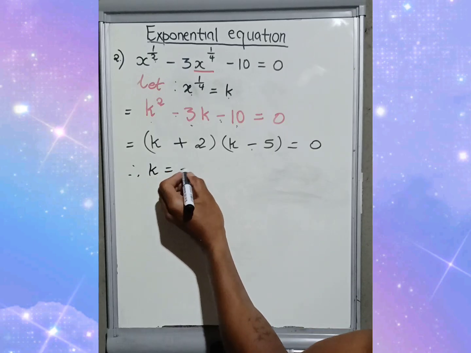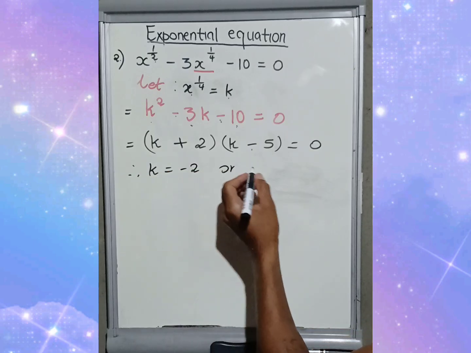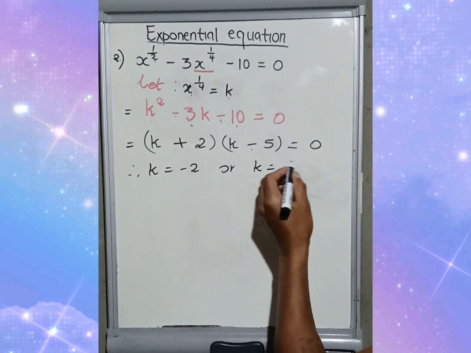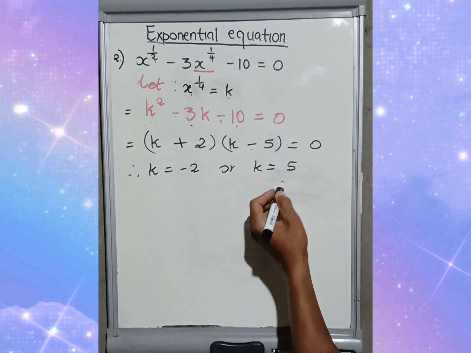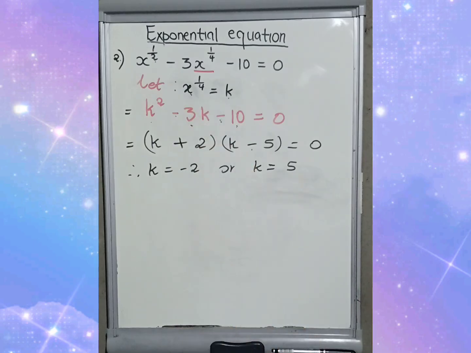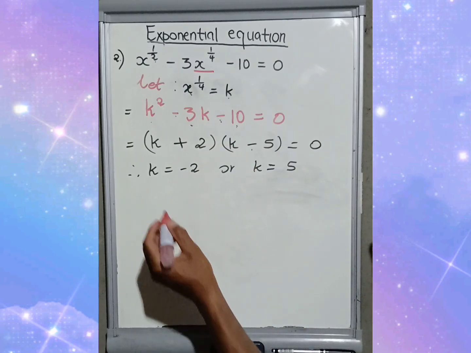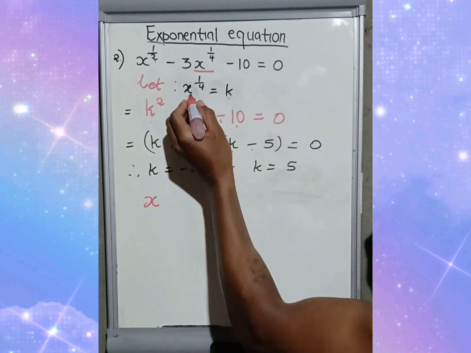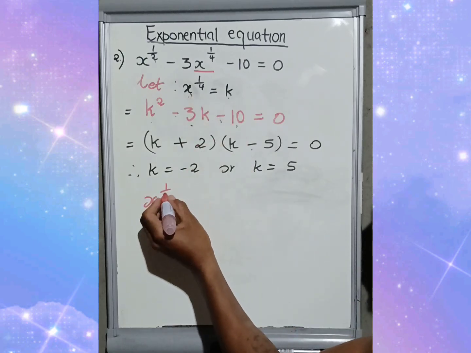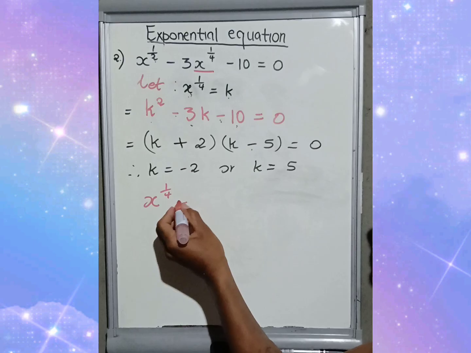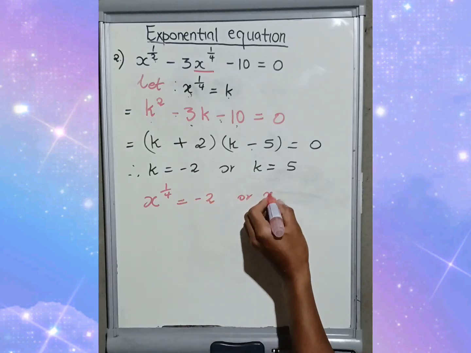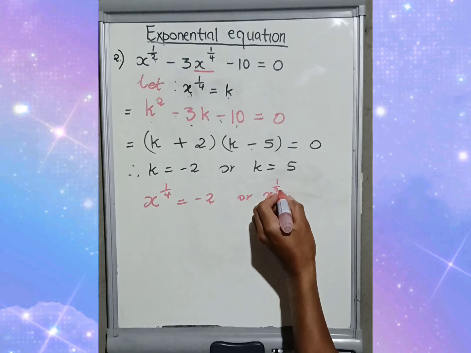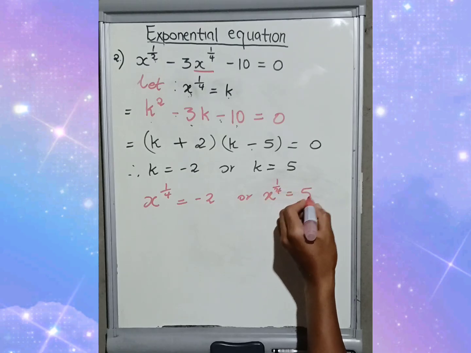k equals -2, or k equals 5. But we don't need the value of k, we need the value of x. Now we draw a conclusion. x^(1/4) is equal to -2, or x raised to 1/4 is equal to 5.